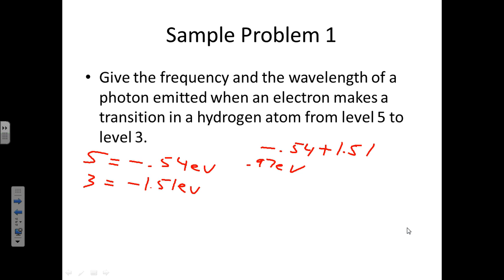But like I said before, we don't need this in electron volts, we need it in joules. So we've got to use that conversion. And the conversion is 1 electron volt, and I've got it written over here on the board so you can see it. 1 electron volt is 1.6 times 10 to the negative 19 joules. So we do the math on that.